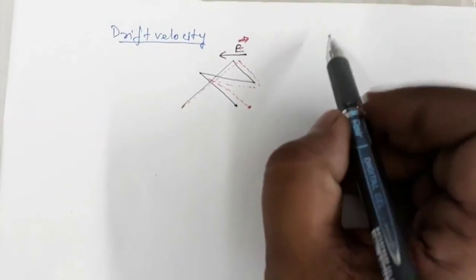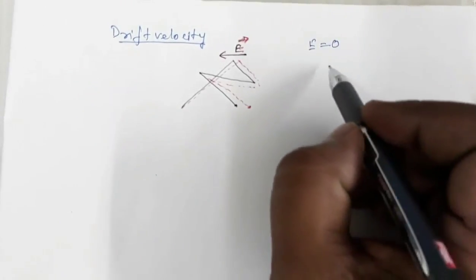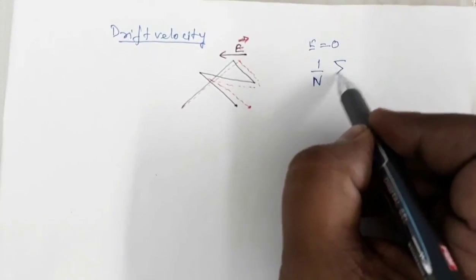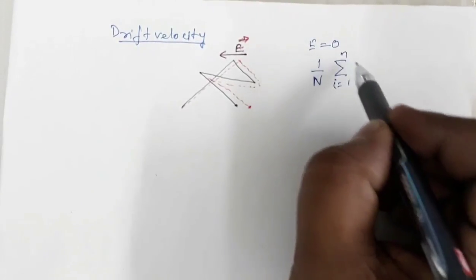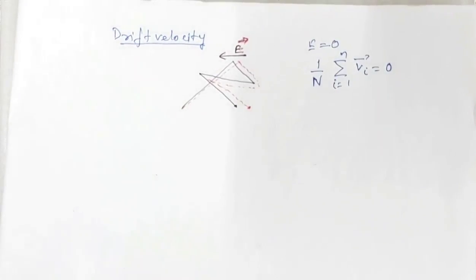So when electric field is 0, the average velocity of the free electrons, (1/n) Σ vi from i = 1 to n, is equal to 0. So this is the average velocity in absence of electric field.